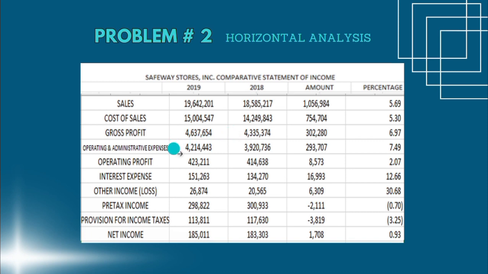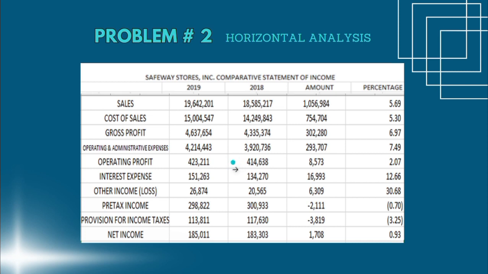They have 4,214,443 pesos operating and administrative expenses in 2019 and 3,920,736 in 2018. They have 423,211 operating profit in 2019 and 414,638 operating profit in 2018.